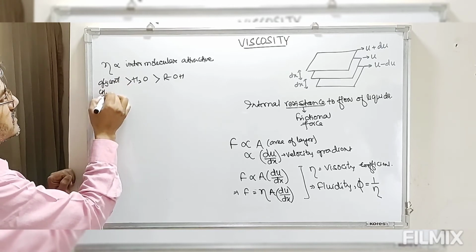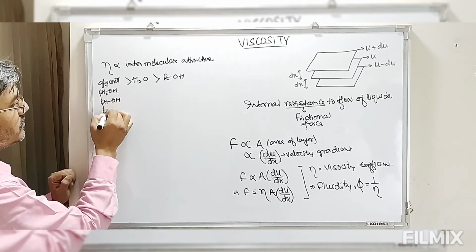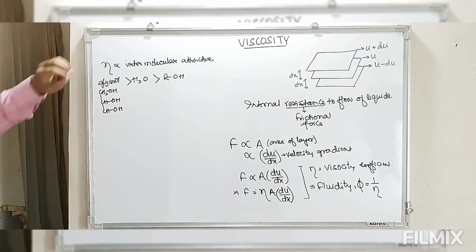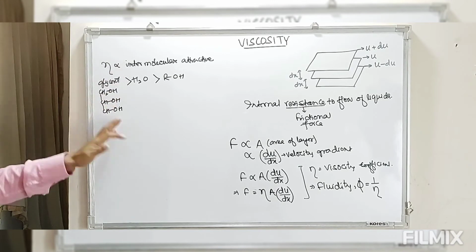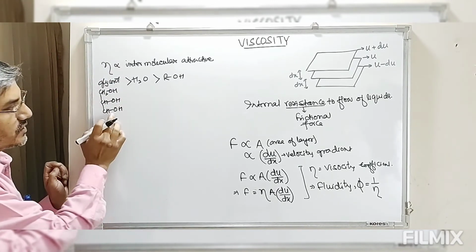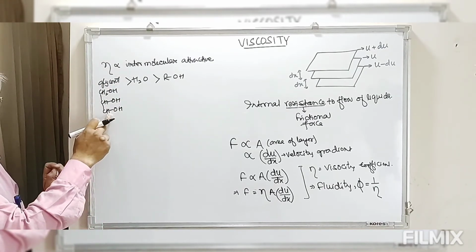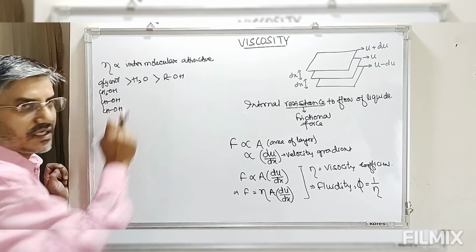Glycerol has CH2OH, CHOH, CH2OH. Now look at this, we have 3 OH groups which can be involved in hydrogen bond. So the number of hydrogen bonds formed by glycerol molecules will be much more compared to that of water. So hydrogen bond is maximum in case of glycerol. So glycerol will have higher viscosity than water than alcohol.